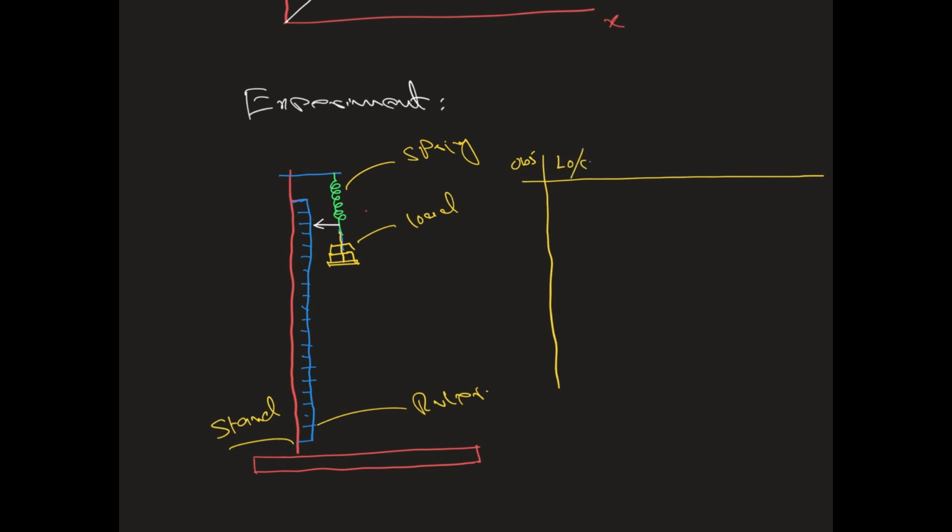This is in centimeter. Then after the loads are applied, final reading L. This is also in centimeter. When you subtract the two readings, you will get the extension, X in centimeter. And how can you get the X? As we have discussed earlier, L minus L0.